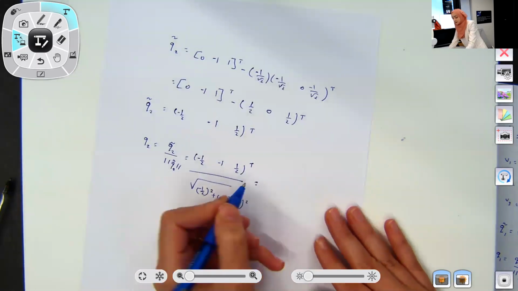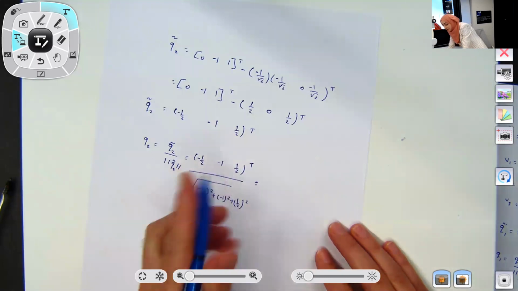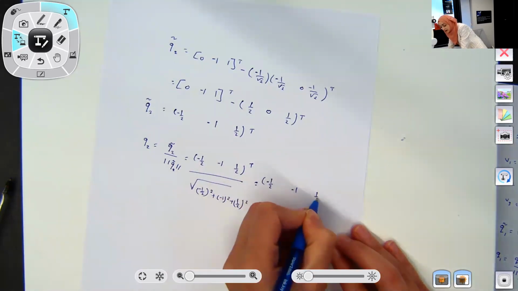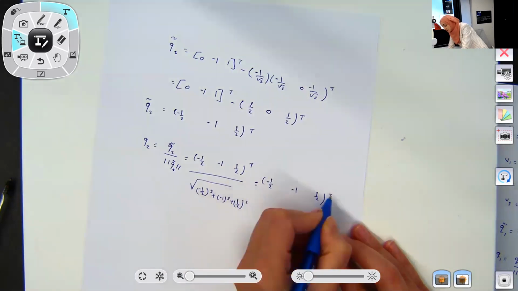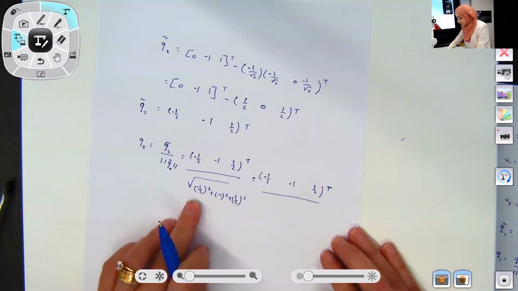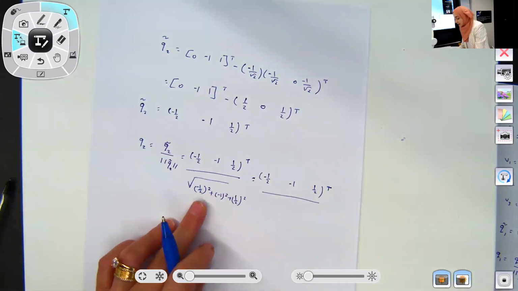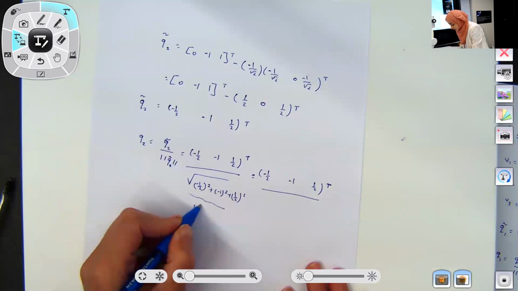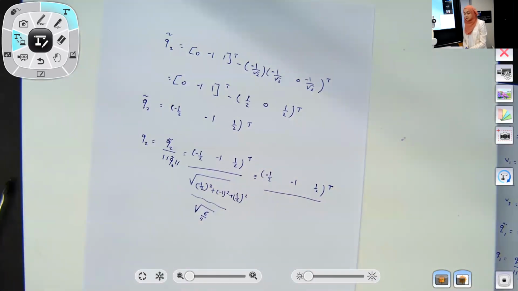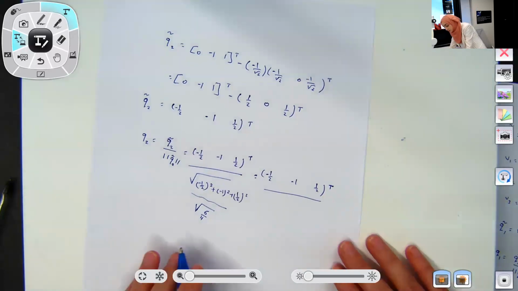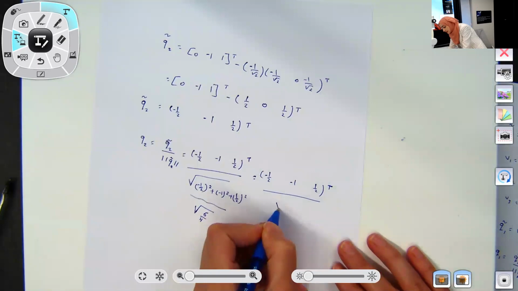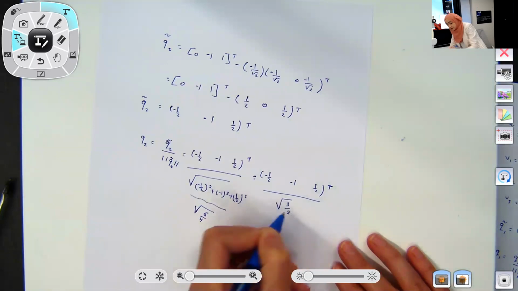Here we have the same vector, minus a half, minus 1, and a half transpose, divided by, if you simplify this one, it will give you square root of 6 over 4. If you need to simplify, it is equal to square root of 3 over 2, by dividing each term here by 2.